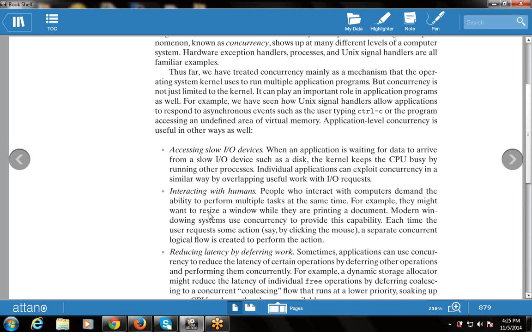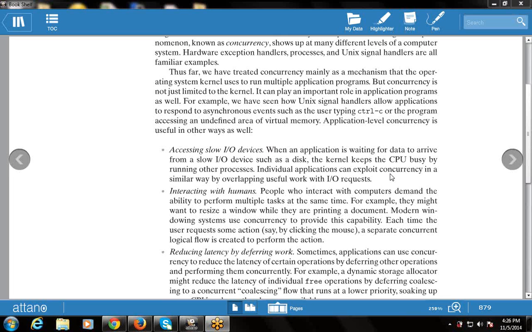Individual applications can exploit concurrency in a similar way by overlapping useful work with the input-output request. This is why we use application level concurrency.